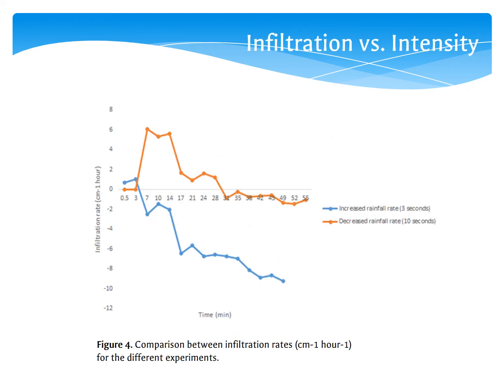Comparing differing infiltration rates indicates major differences amongst the two experiments. The time to negative infiltration highlights the time to saturated conditions. In the first experiment with decreased rainfall rate, negative infiltration occurred at 30 minutes. As a result of the increased rainfall rate, saturated conditions were obtained within 5 minutes.